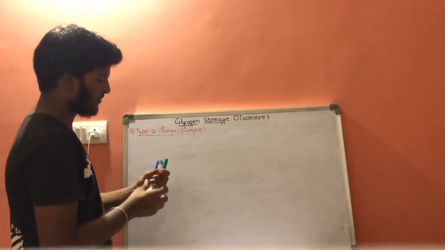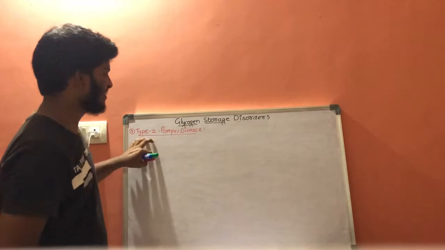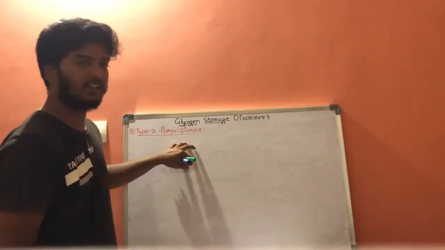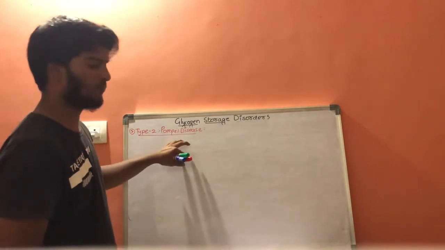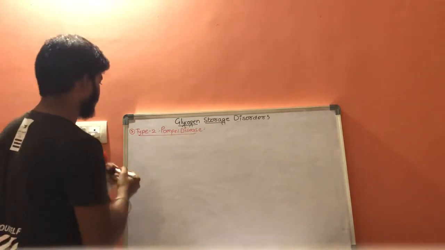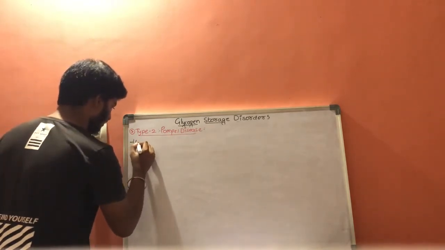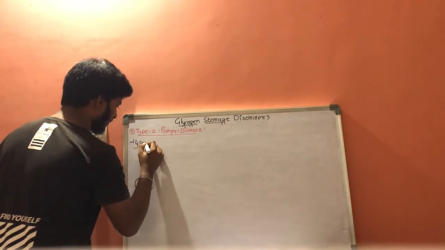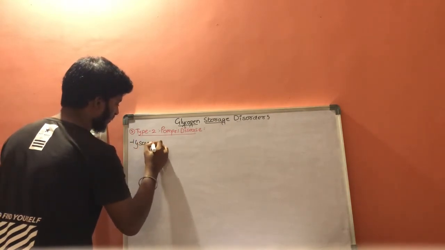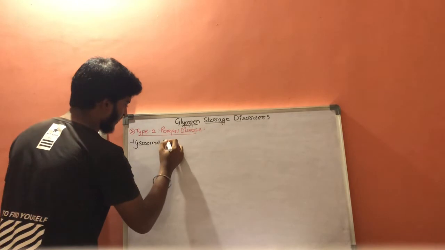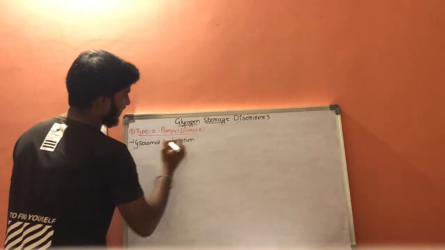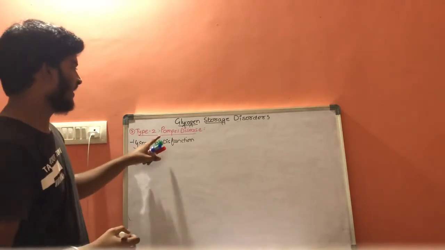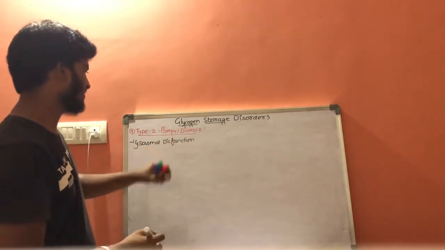Type 2 disease is Pompe's disease, and this is the only specific disease which arises because of lysosomal dysfunction. If there is any dysfunction in the lysosomes, it results in Pompe's disease.